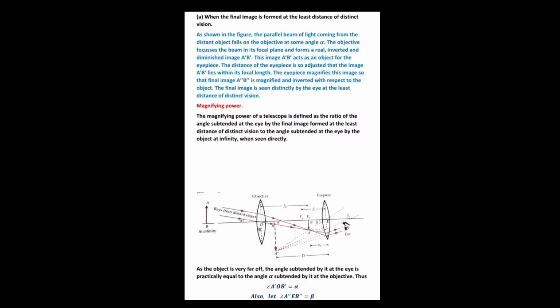Angle alpha is the angle A dash O B dash, and the angle beta is A double dash E B double dash. As the object is very far off, the angle subtended by it at the eye is practically equal to the angle alpha subtended by it at the objective.